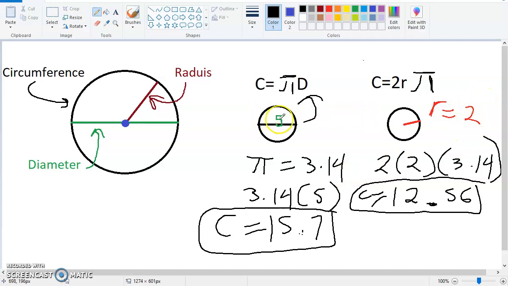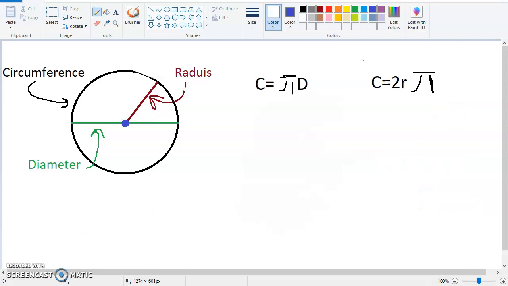For the previous one, if my diameter is 5, I use the formula that has diameter in it, plug it in, multiply by pi, and I get the circumference right away. For this one, I have my radius equal to 2, so I use the formula that includes radius. I multiply it by 2 and multiply it by pi, and I get 12.56, and that would be my circumference.